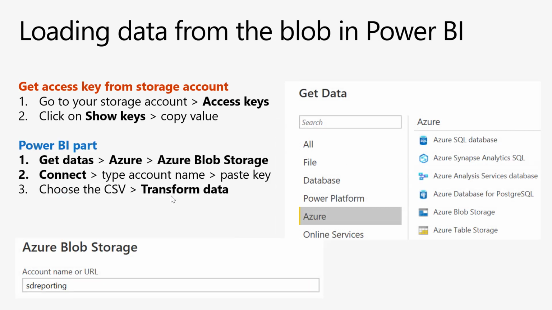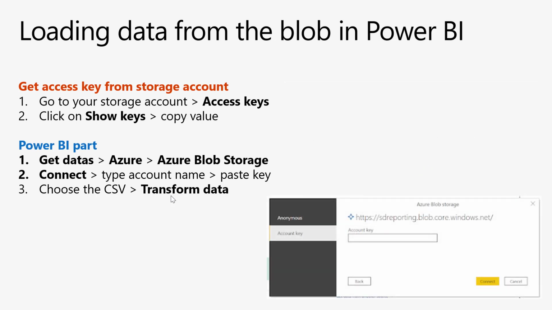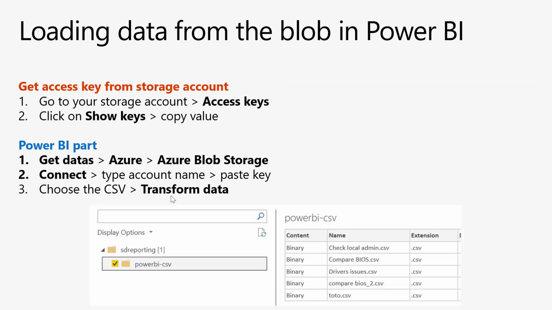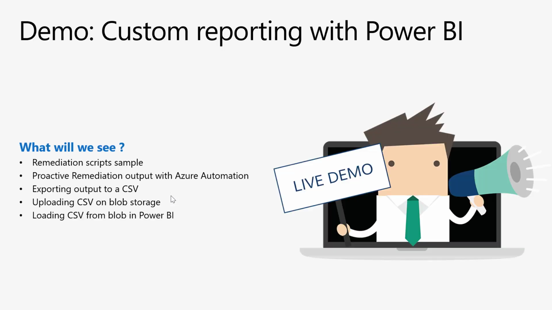Then go to Power BI, Get data, Azure Blob Storage, click on Connect, type the storage account name, and paste the access key. There you will have the list of CSVs, and you will need to choose the CSV to load into Power BI. Now let's see all this process in a quick demo.